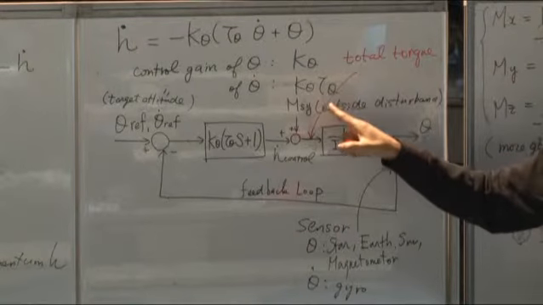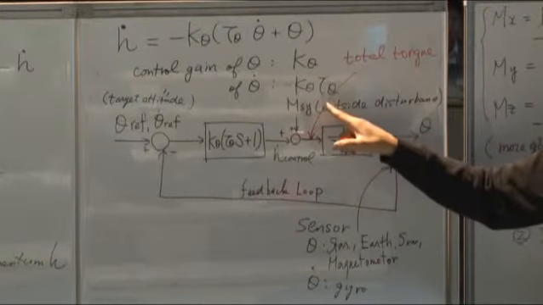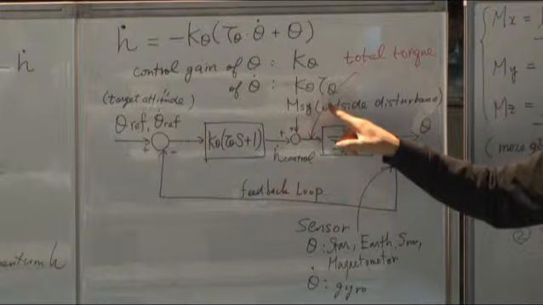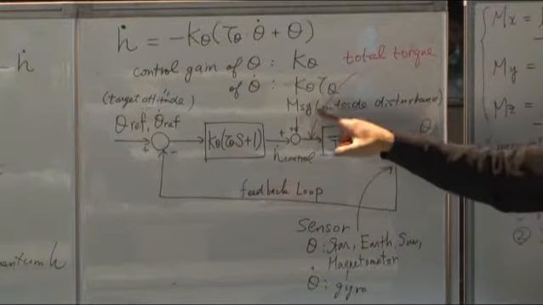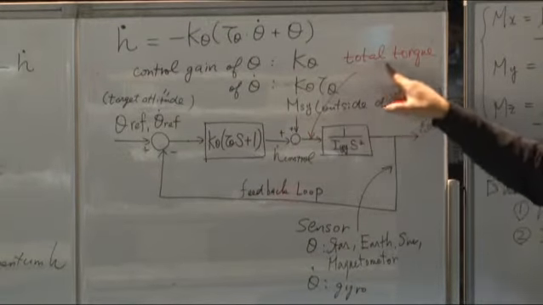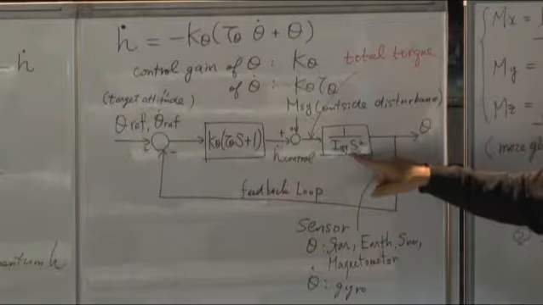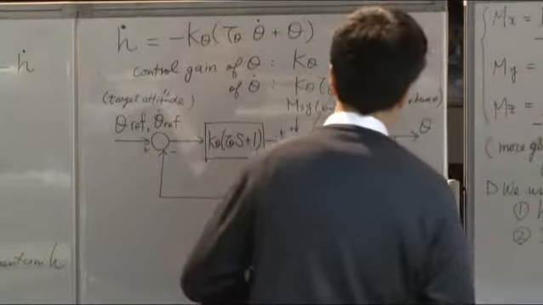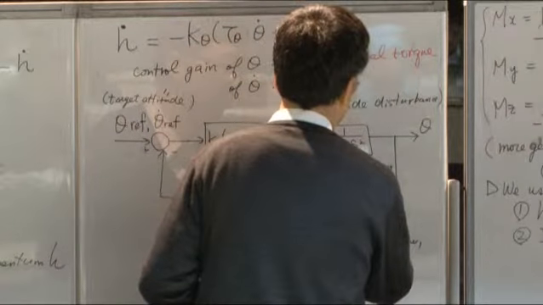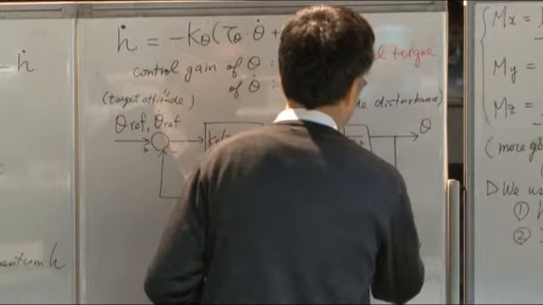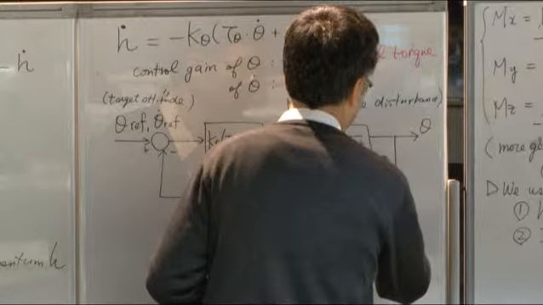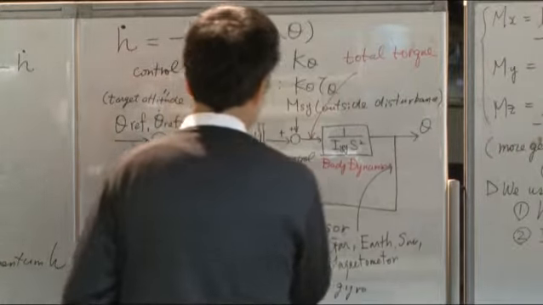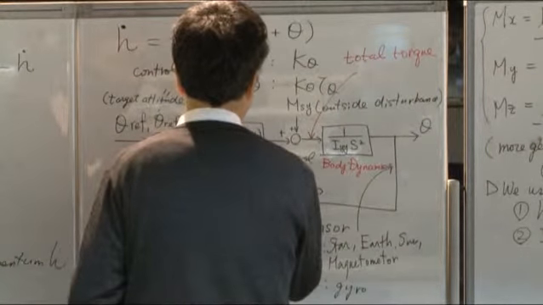This is non-intended torque, not a happy torque, and the summation is the total torque. And this total torque goes into the body dynamics. So this is a feedback law.